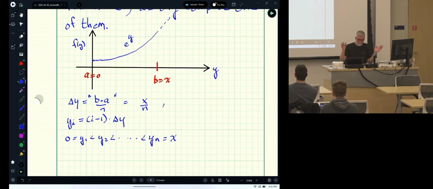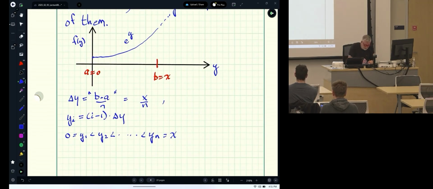We're going to do the left one. It doesn't really matter. So the function is monotonic. So this would be xi, and this would be xi plus 1. Excuse me, yi. I'm so used to writing x.